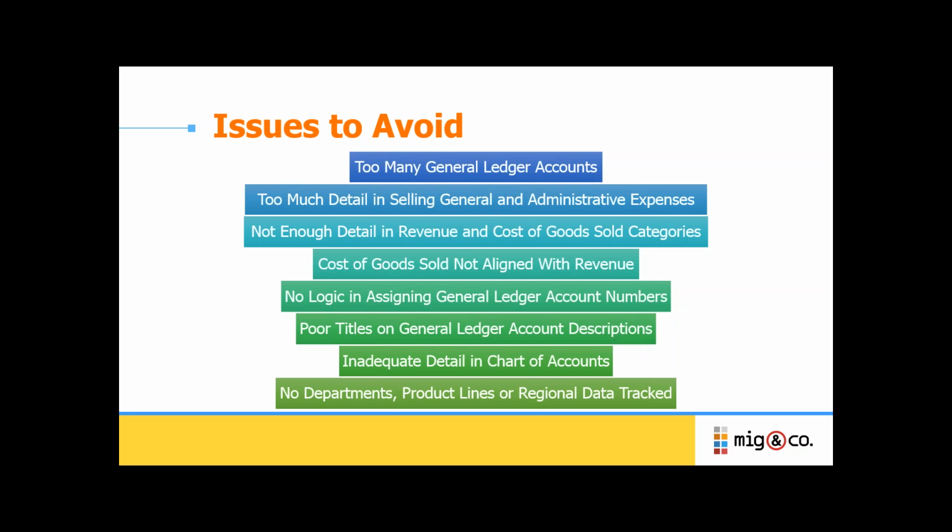You want to make sure that there's logic within the general ledger account numbers, especially in the selling and administrative expenses. There's usually a standard for putting in your expenses. Some folks like to put it in alphabetically. Some folks don't. They just put it in as operating expenses from the 6,000s to the 7,000s and so forth, and they just pop it in.